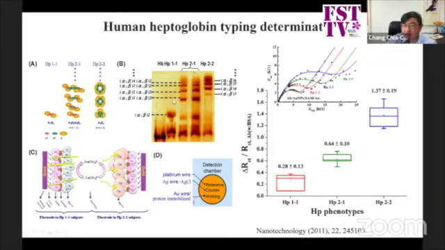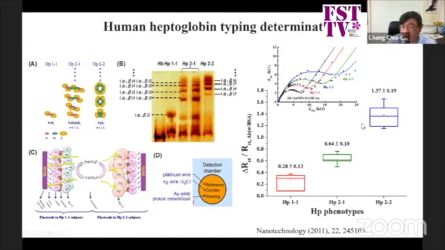So different people may have a different typing, which means their resistance may be different. Then we have the antibody, so we can bind the haptoglobin and detect the impedance change.